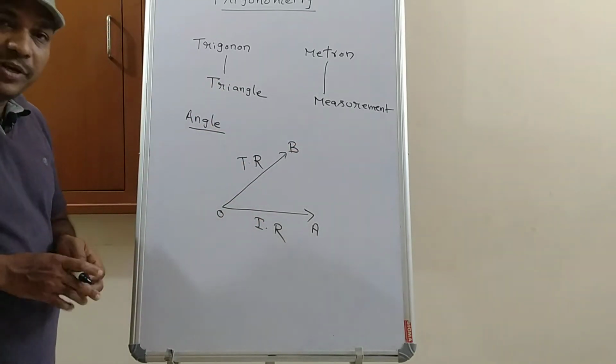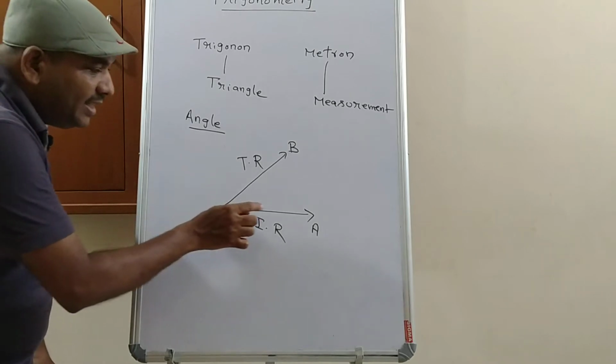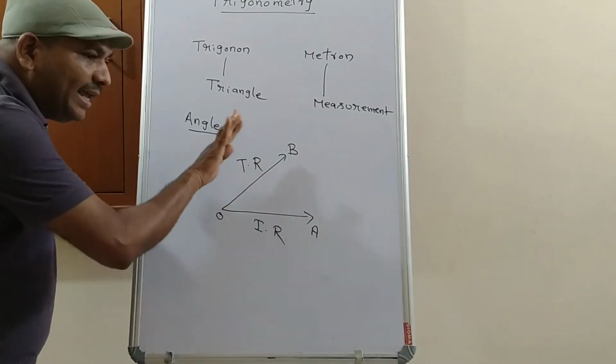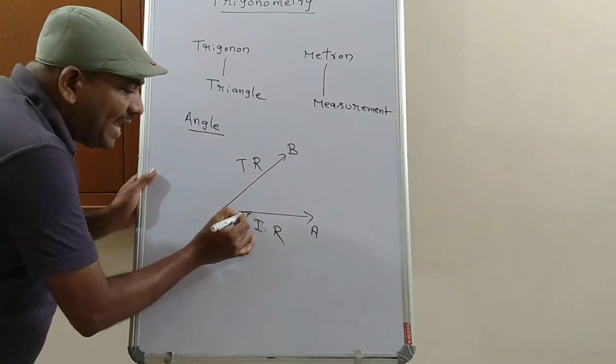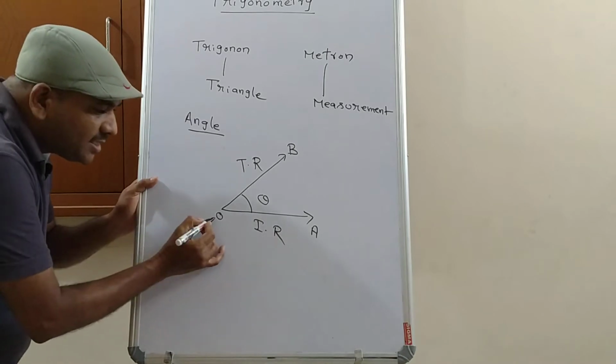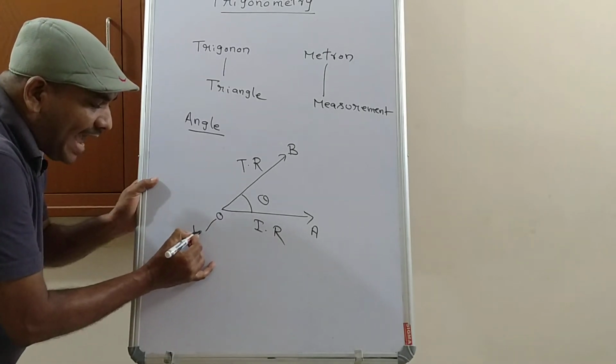The amount of rotation to bring the initial ray into the position of the terminal ray is called angle. And O is called the vertex of the angle.